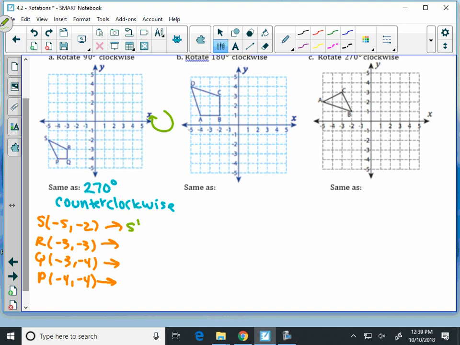So we do 270 counterclockwise again. What do we do with that point? What happens with the point?